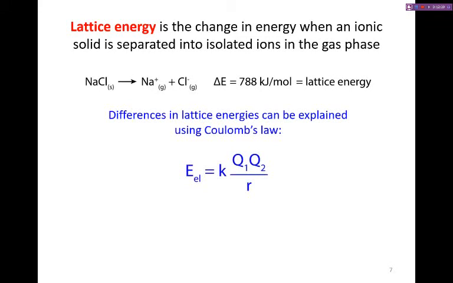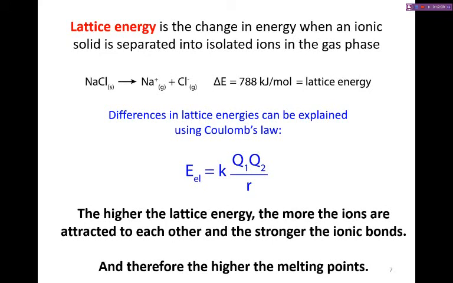Differences in lattice energy can be explained using Coulomb's law. We'll see some examples shortly. Fundamentally, what you need to understand is that the higher the lattice energy, the more the ions are attracted to each other, and therefore the stronger the ionic bonds. The stronger the ionic bond, the higher the melting or boiling point of that substance.